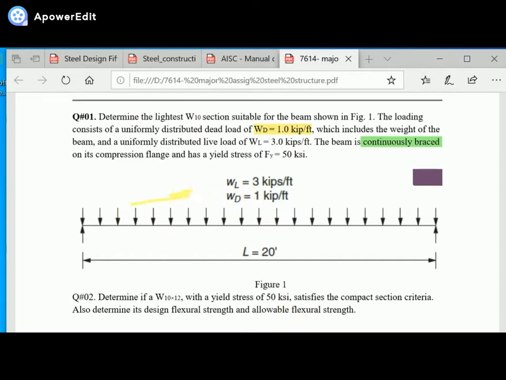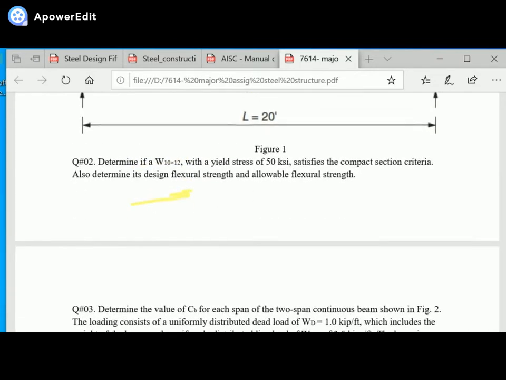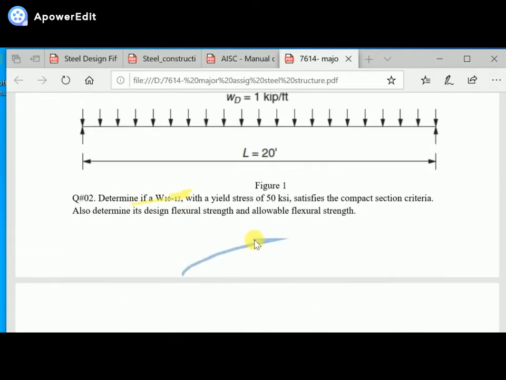So let's say, for example, let me change my pen. Why is it not changing? But let me show you. For example, I have a beam like this one. Let me draw.